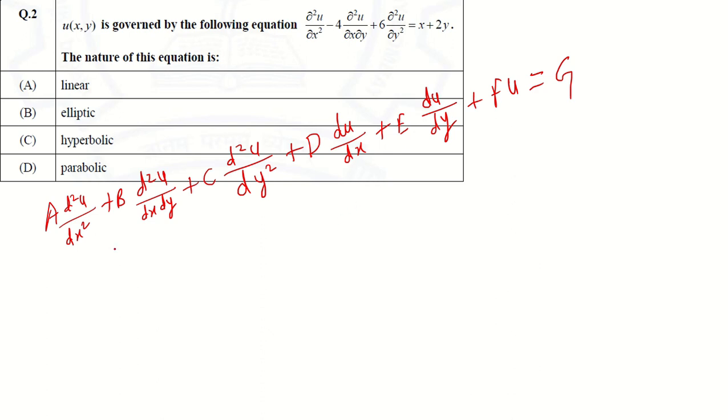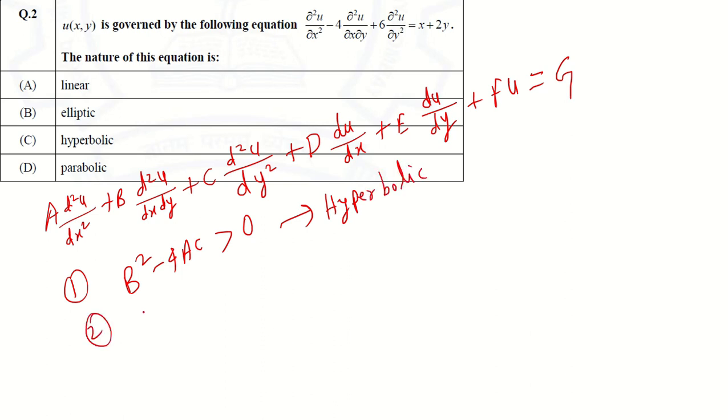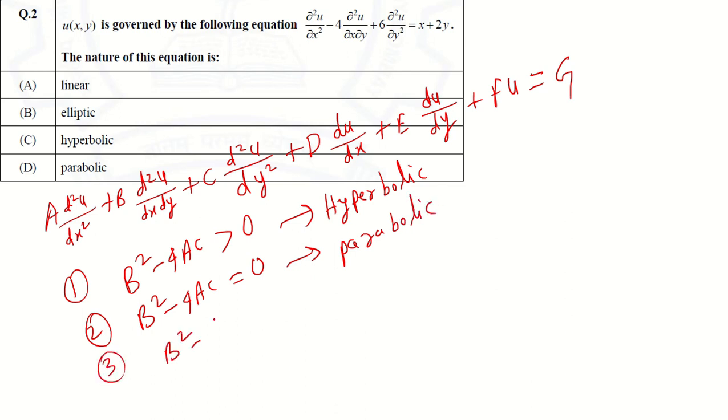So condition 1, if b square minus 4ac is greater than 0, we will say hyperbolic. Second condition, b square minus 4ac is equal to 0, we will say parabolic. If b square minus 4ac is less than 0, then we will say elliptic.